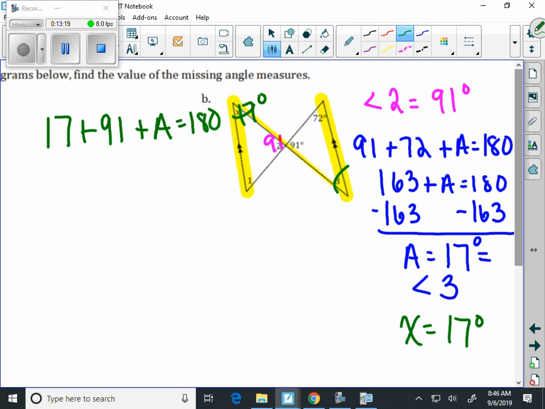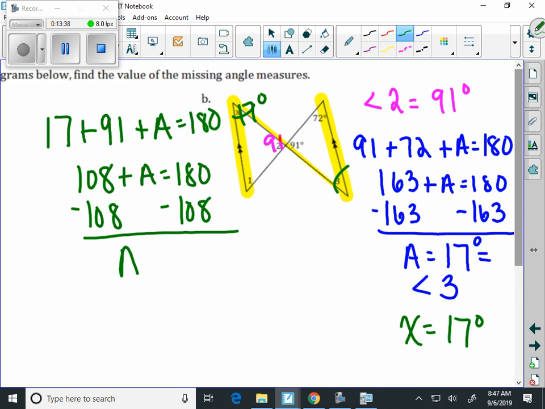And now we can solve this. 17 plus 91 is 108. Plus A is 180. And then we can subtract 108 from both sides. We get A equals 72. And by the way, that's angle 1.